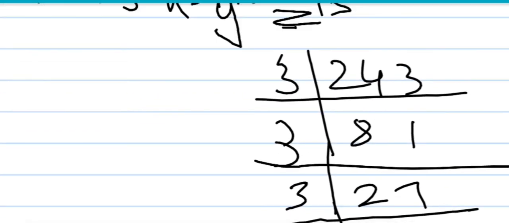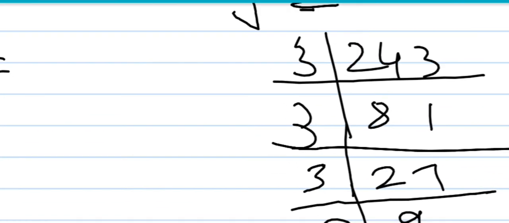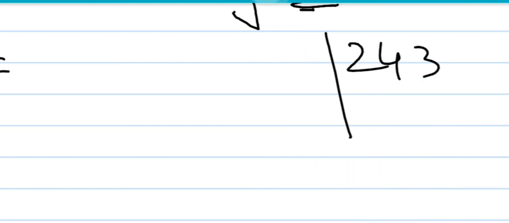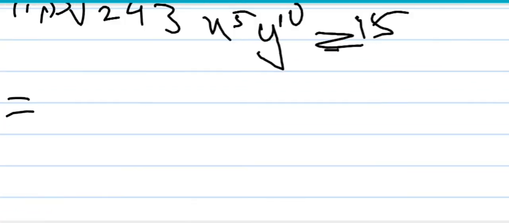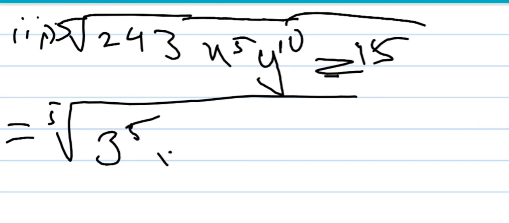Now we have 3, 1 2 3 4 5 3s. We'll just take them into the 3 power 5 form. So it will become under root 5, 3 power 5 multiply x power 5.